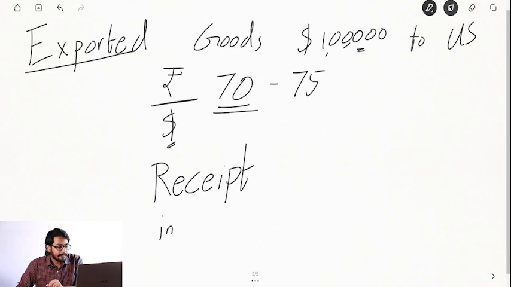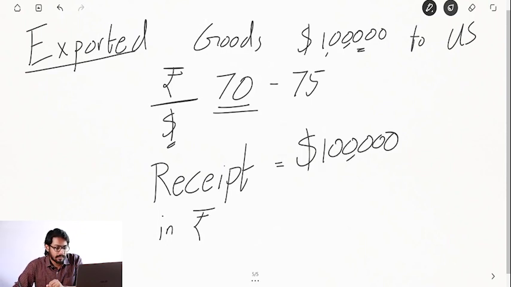So, receipt in rupees is equal to $1 lakh. In all the earlier chapters, I have told you that in the final answer, you have to give the currency and the symbol appropriately. Percentage means percentage, rupee means rupee. In this chapter, IFM, in every step, with every figure, you have to give the corresponding symbol. Very important.